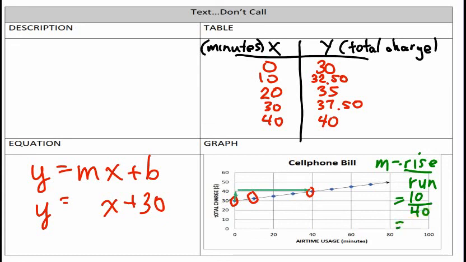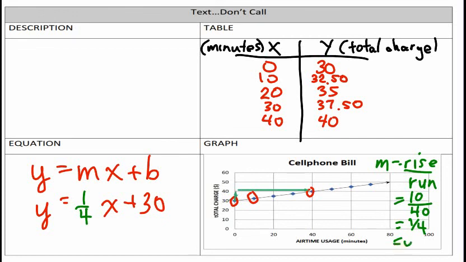Now, I could certainly reduce this and keep it as a fraction, in lowest terms. And I could take that value and put it into the equation right over here, okay? Because that's what m is, the slope, the rate of change. Or, as long as it's exact, I could change that to a decimal. So what's 1/4 as a decimal?